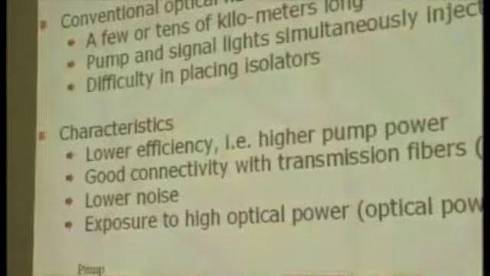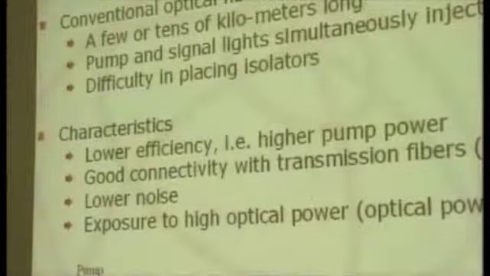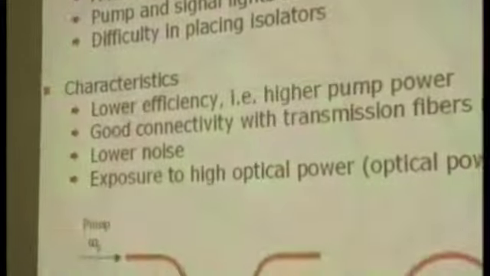And now we use this Raman amplifier in optical transmission systems. This is almost the same configuration as an EDFA. You have a pump laser from here and a signal from here, coupled and introduced to the fiber. What is the difference?